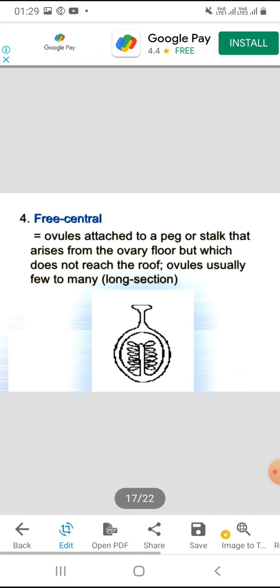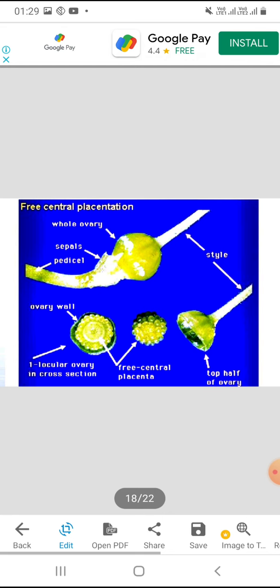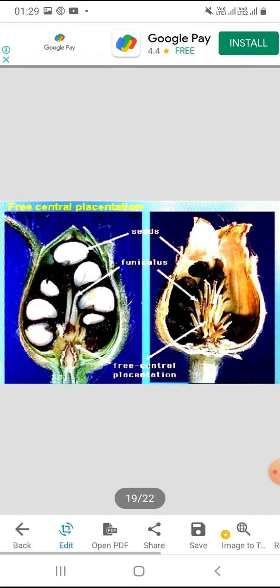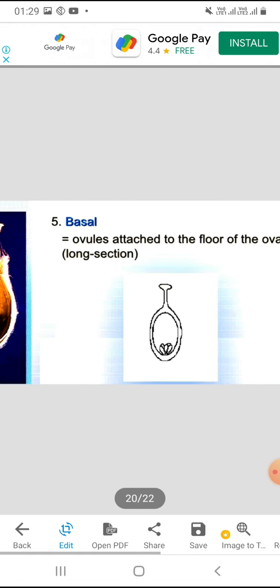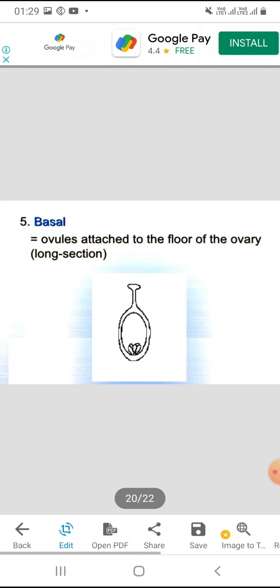Ovules are usually few to many. Here in long section you can see the stalk-like structure. This is free central placentation. This is also a type of free central placentation. Clear diagram here.